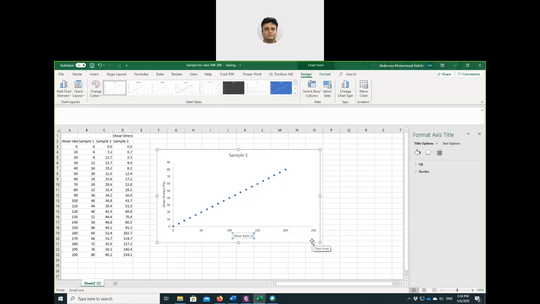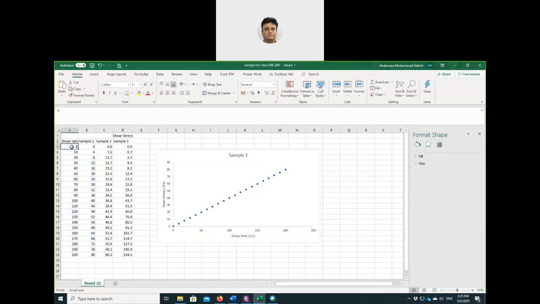1 over second. Now we can see we have this pattern. This pattern is Newtonian: shear stress equal to a slope, and it starts exactly from 0. You can see at 0 shear rate, the shear stress is 0.